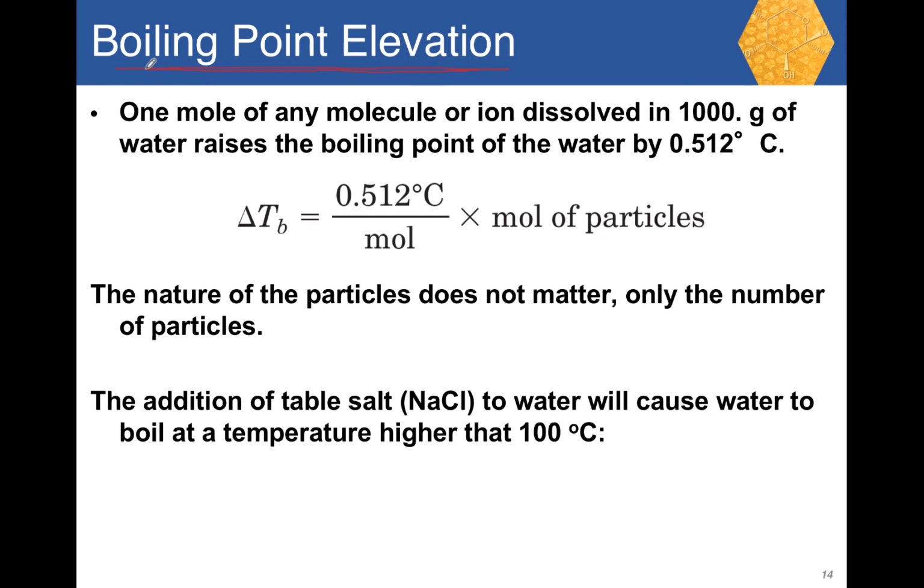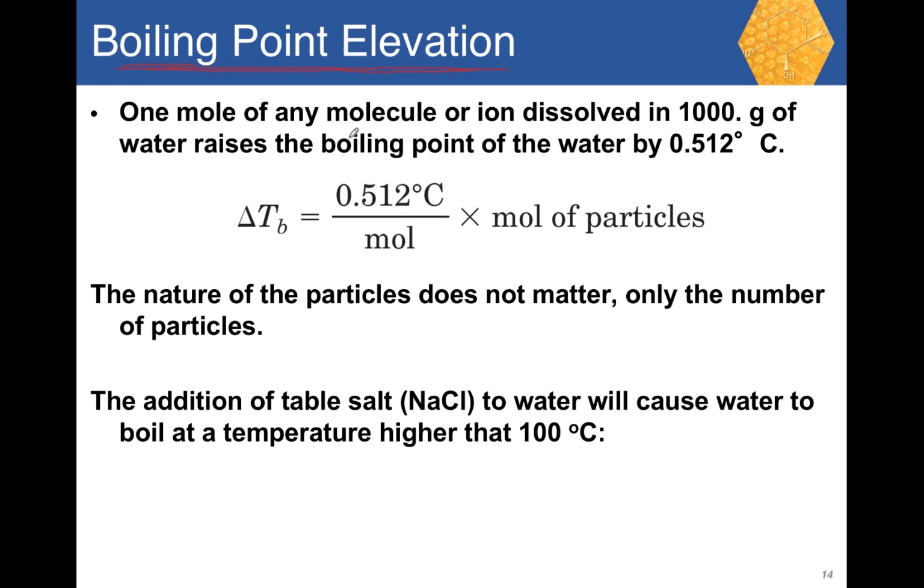It's going to be higher than 100 degrees C. Remember that 100 degrees C is a physical property of pure water. Pure water, that's the key. But if you start mixing pure water with a solute such as salt, that property changes. That's called boiling point elevation.